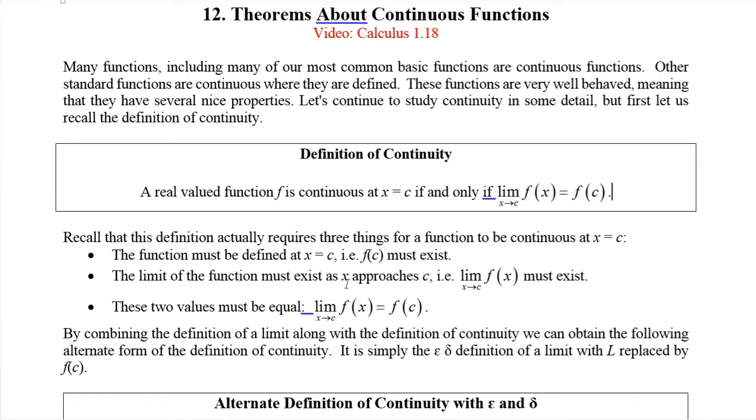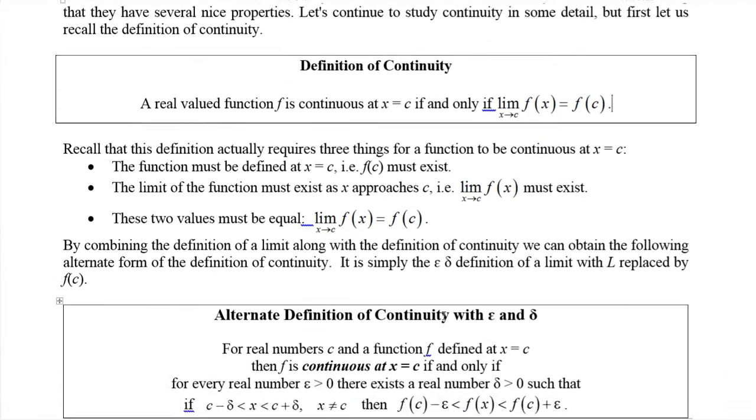Or we could have the limit exist and the function exist, but they're not equal to each other, so there's a hole in the graph with an isolated point. So there's several things that could go wrong there. But if all this stuff happens, we have a continuous function. And most of the functions we're used to dealing with in pre-calculus are at least continuous everywhere they're defined.